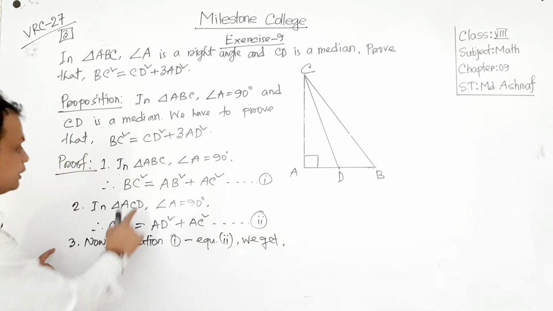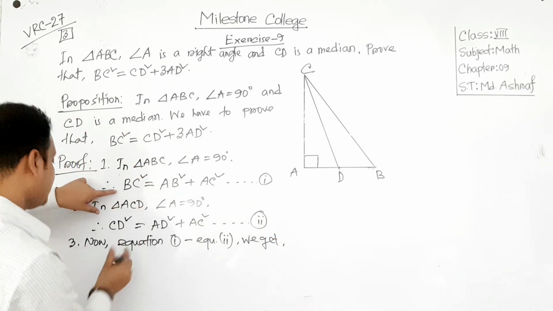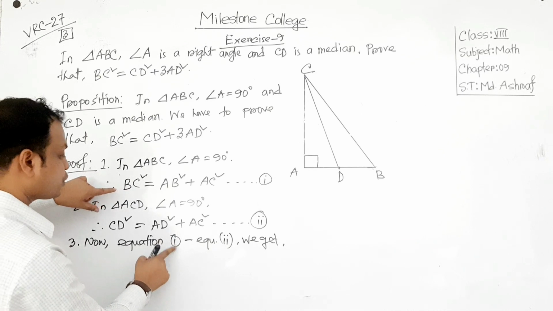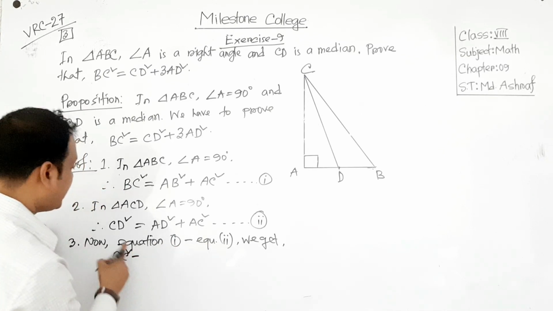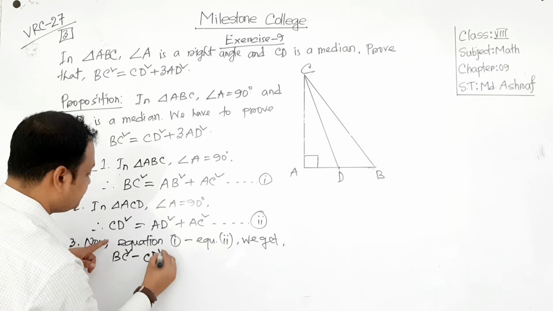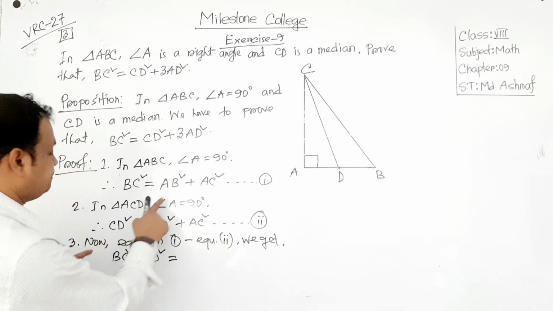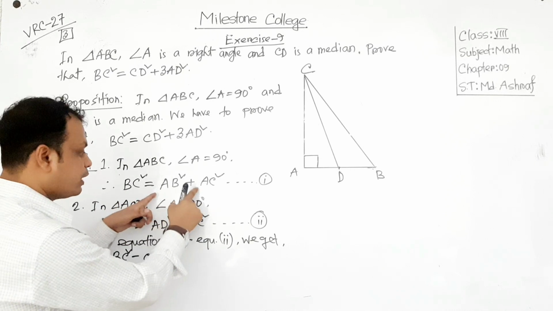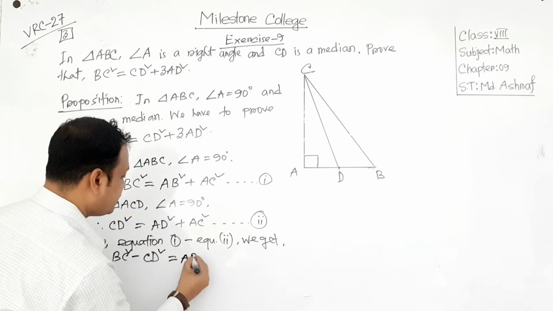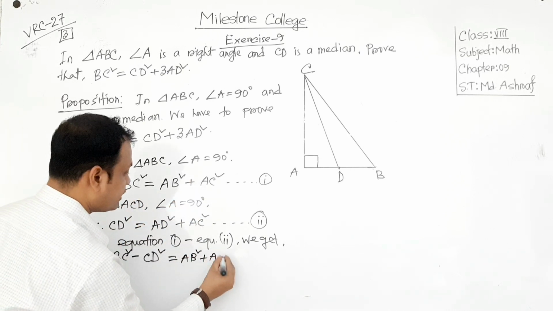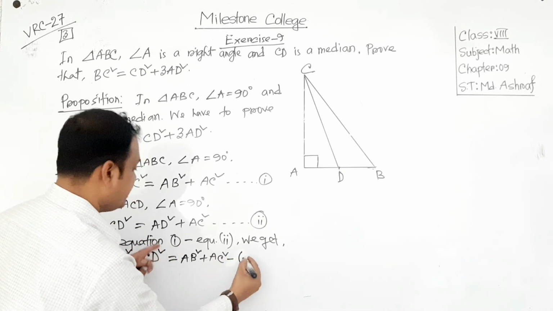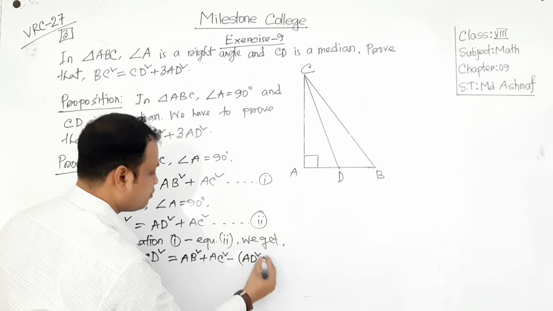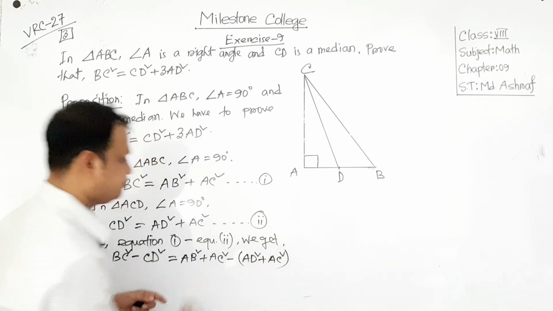From equation 1 we have to subtract equation 2, that means BC comes first. BC square minus CD square equals, equation 1 comes first, AB square plus AC square, minus equation 2, that means AD square plus AC square.